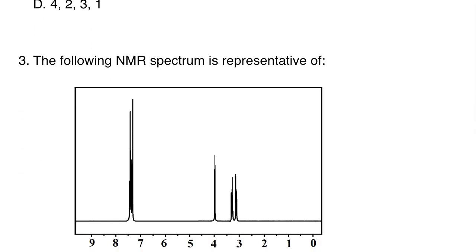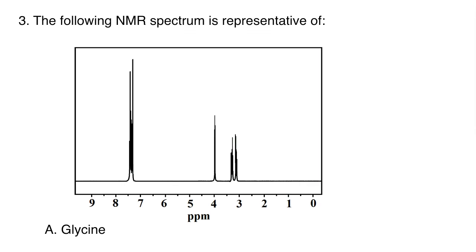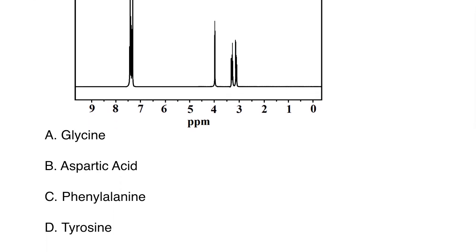And then number 3, take one last good look at this NMR spectrum. It's for a given amino acid, and the choices are glycine, aspartic acid, phenylalanine, and tyrosine. So at this point, why don't you go ahead and pause the video, work through those questions and attempt to answer them as best you can, and then you can unpause when you feel you're ready, and we will go through this together.